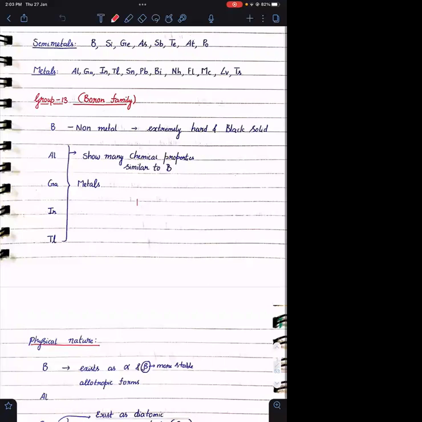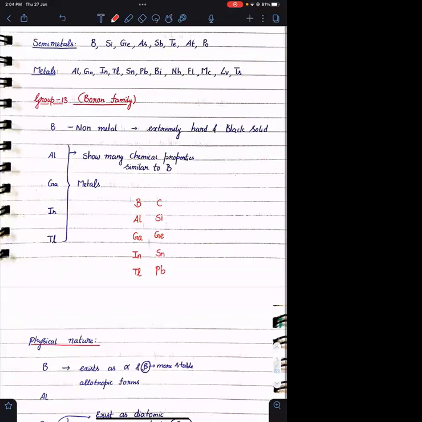You have boron, sorry, boron, aluminium, gallium, indium, thallium, then you have carbon, silicon, germanium, tin or lead.